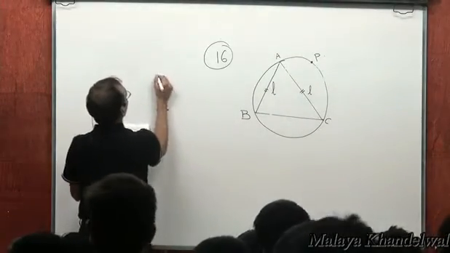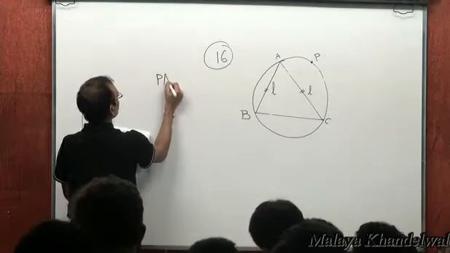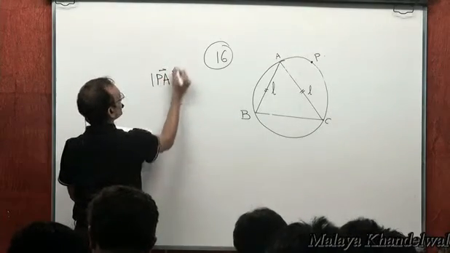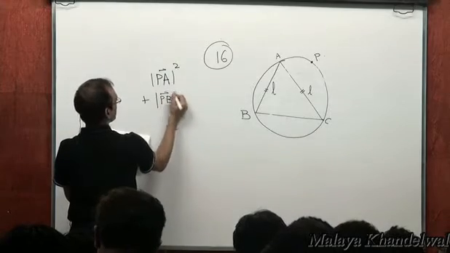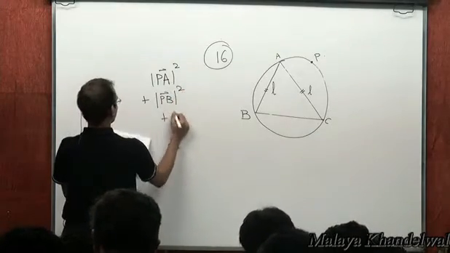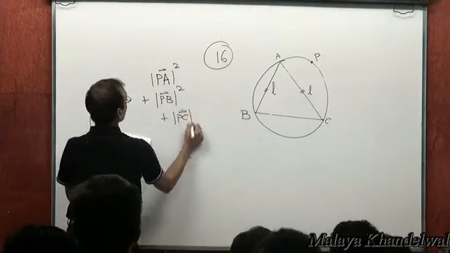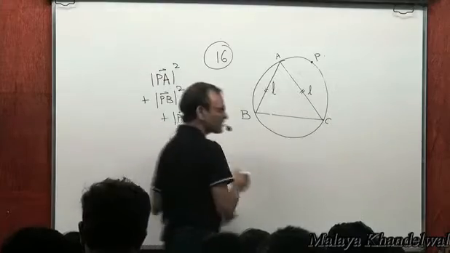Now, we want to find the magnitude of PA whole squared plus the magnitude of the vector PB whole squared, plus the magnitude of PC whole squared, right?